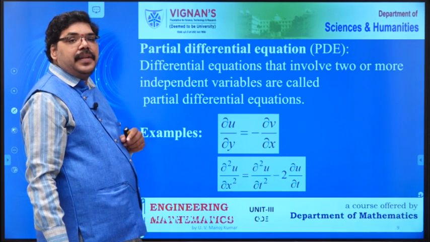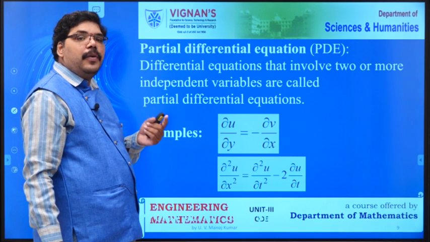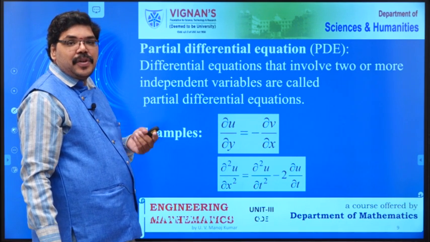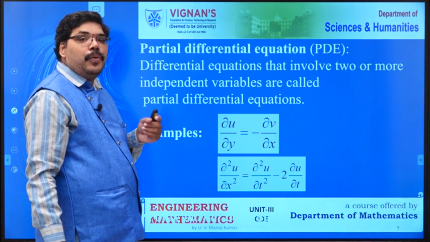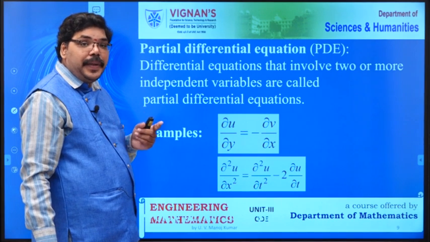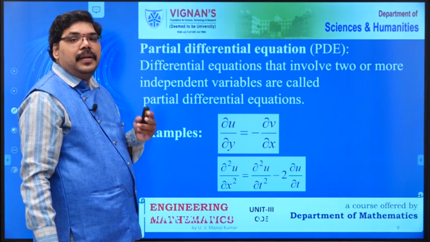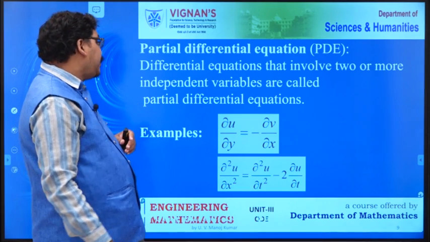What is a partial differential equation? A differential equation involving derivatives of a dependent variable with respect to two or more independent variables. Independent variables should be two or more. Such a differential equation is said to be a partial differential equation.